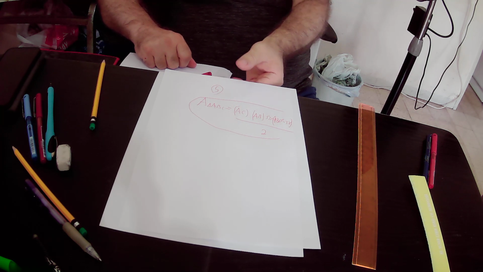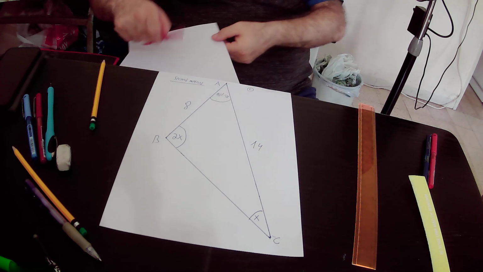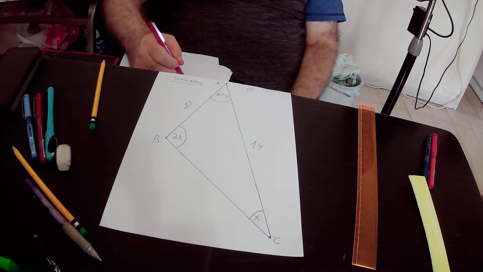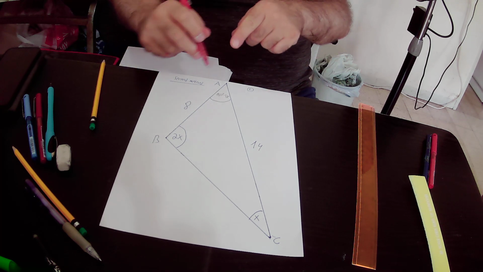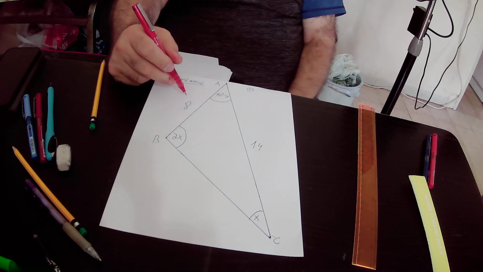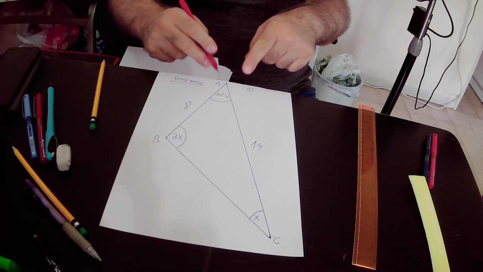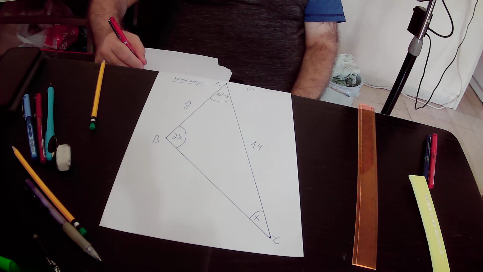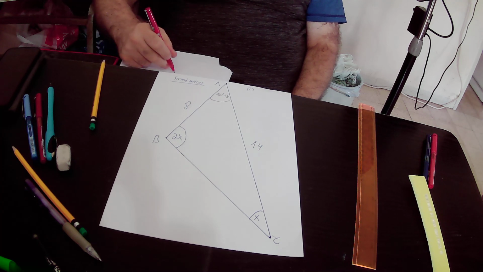So what is the value of AC? AC equals 14 units. So the area of triangle ABC equals 14 units times AB. AB equals 8 units, it is given in the question. Times sine of 180 degrees minus 3x over 2.